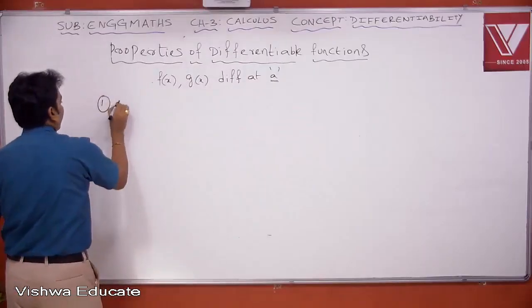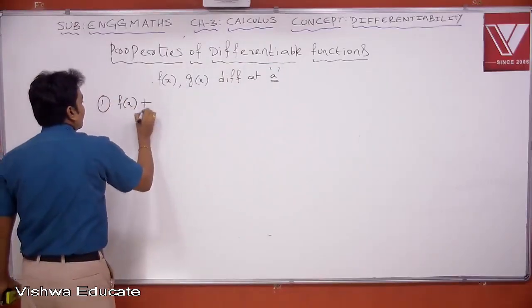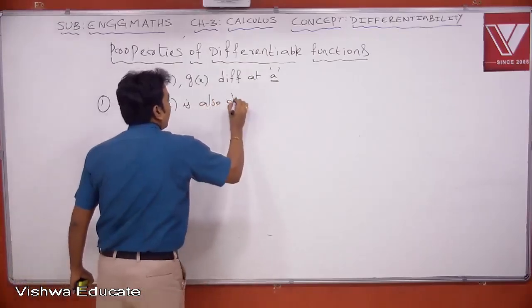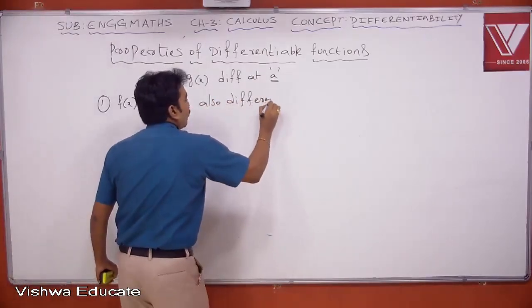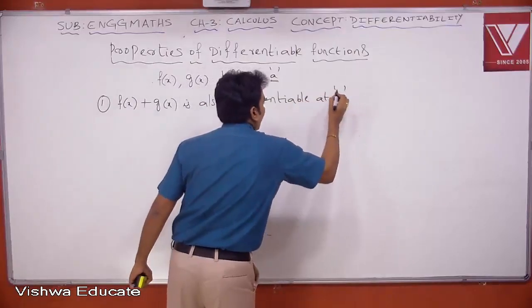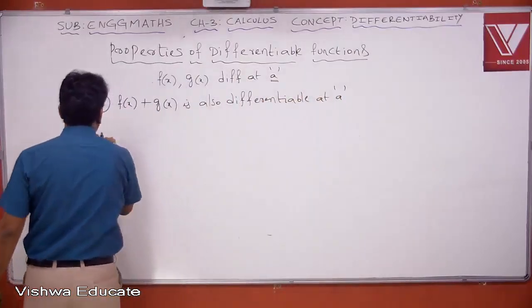Then property 1 is f of x plus g of x is also differentiable at A. So that means the sum is always differentiable.